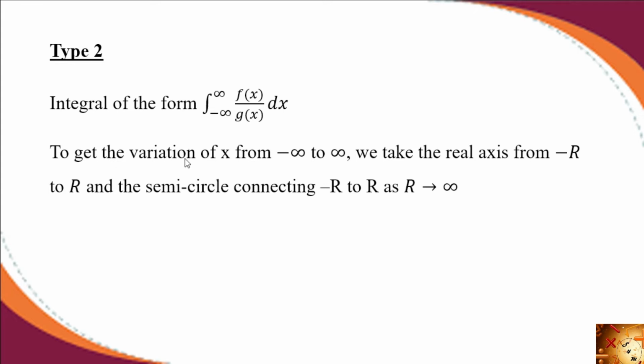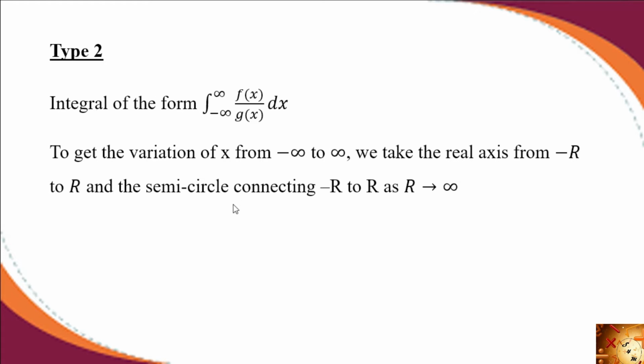To get the variation of x from minus infinity to infinity, we take the real axis from minus r to r and the semicircle connecting minus r to r as r tends to infinity, which means here the integral is of the form integral minus infinity to infinity f of x by g of x dx. Here the function and integration is with respect to x.